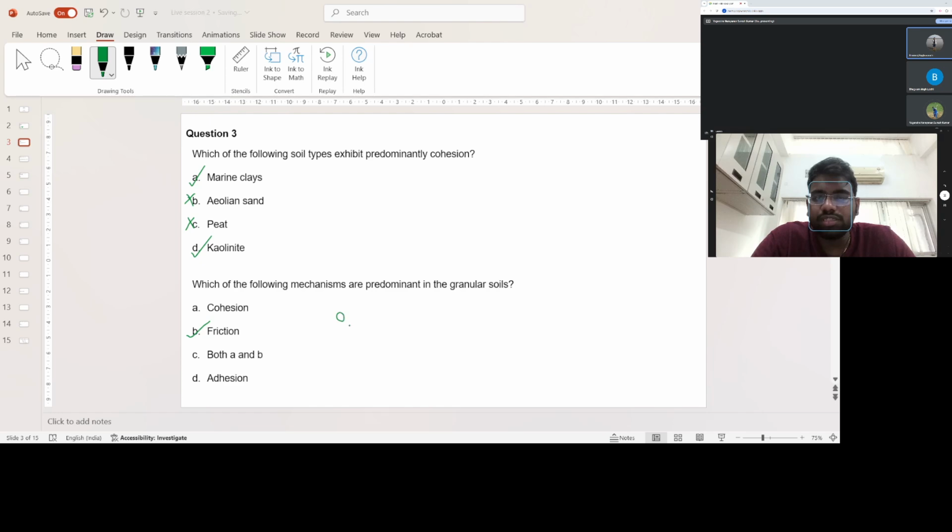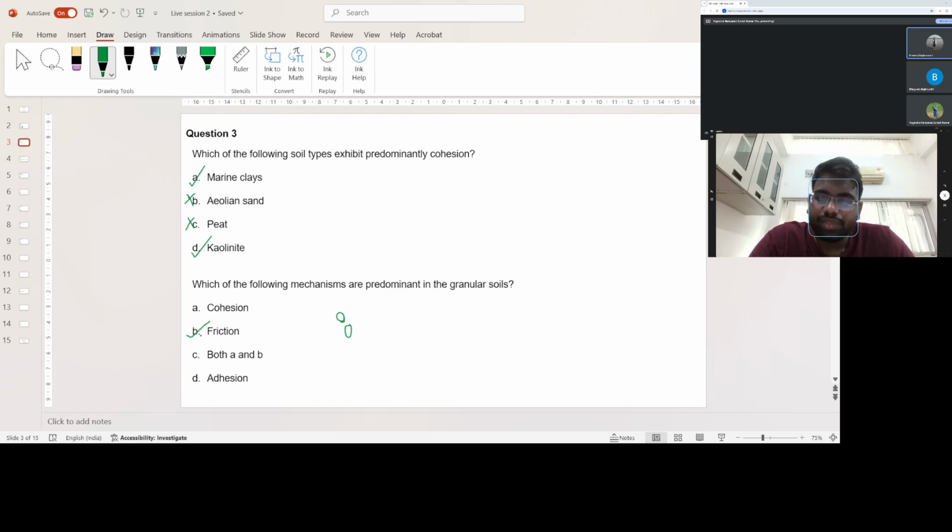The presence of some bacteria gives rise to precipitation of calcite, which acts as a cementing agent between the grains, especially in granular materials. In some granular materials like loess, calcium carbonate is present and weakly bonds the grains together. Those special situations give rise to cohesion in granular soils.